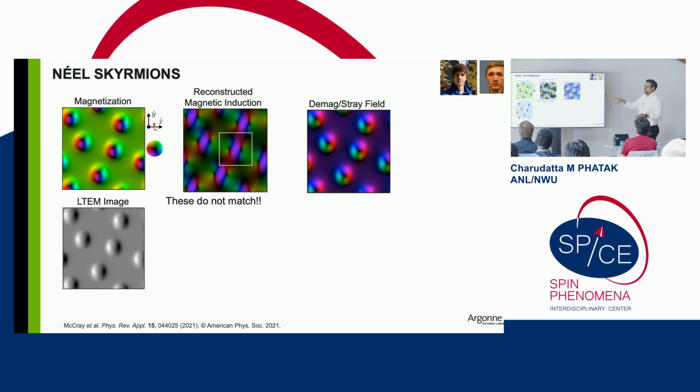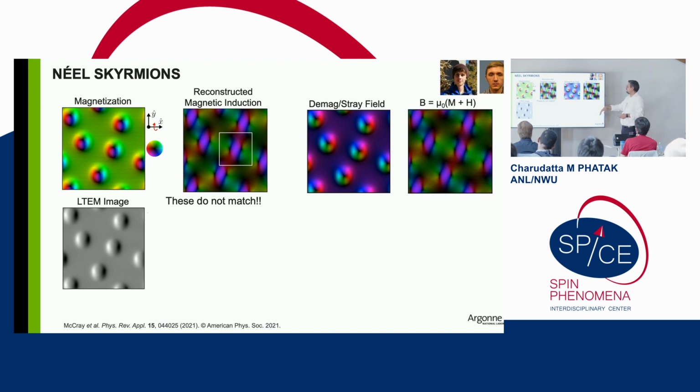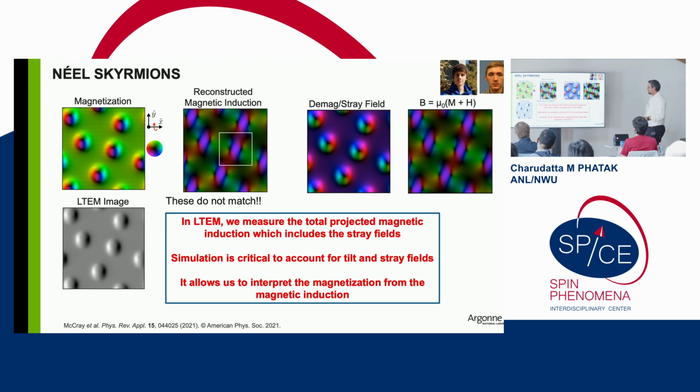For example, now if we actually consider the stray field and the demag field in the micromagnetic simulation, so not just the magnetization in the sample but the stray fields above and below, we can compute that, project that, and then actually calculate B, which is μ0 (m plus h), and then that matches with what we get from experiments. And so the bottom line is that in Lorentz TEM, we measure the total projected magnetic induction map, which definitely includes contribution from stray fields.